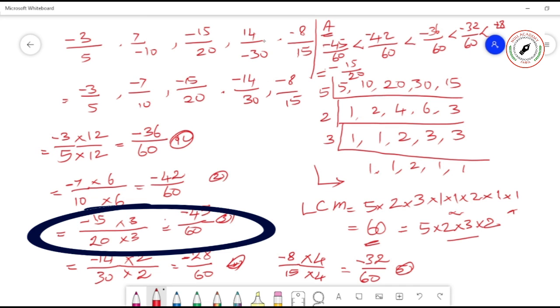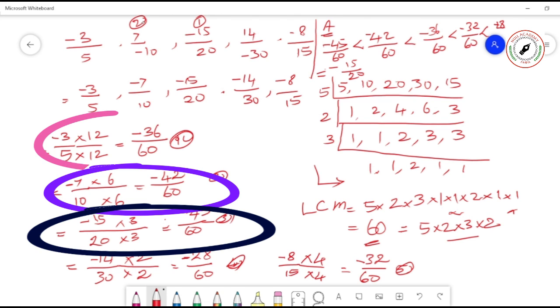Okay, that is the first number. What is the second one? Minus 42 by 60. Which one is that? Minus 7 by 10. This is the second one. Which one is the third one? Minus 36 by 60, that is minus 3 by 5.